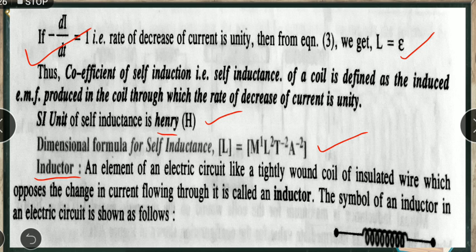You know the resistor, capacitor. Similarly, the coils are wound so that they are insulated from each other. When this inductor is connected to any circuit, its main intention is to oppose the change in the current. You can see the circuit symbol here. It is the circuit symbol of the inductor.